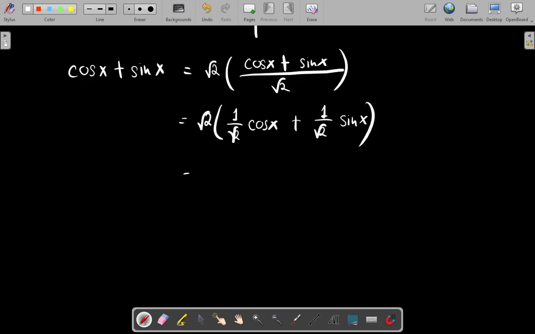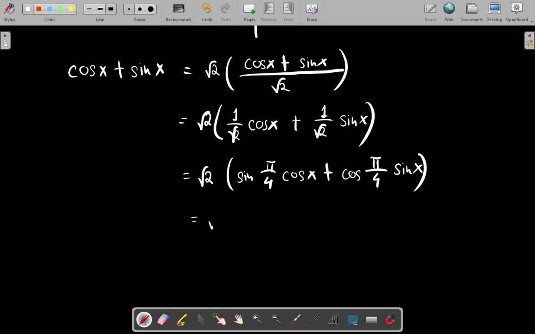So this will become root 2 times sine pi by 4, I can also write it as cos pi by 4, but this is same only. So this becomes sine pi by 4 cos x, and cos pi by 4 sin x. So now this becomes root 2 times sin a cos b plus cos a sin b. So this becomes sine of a plus b, right?